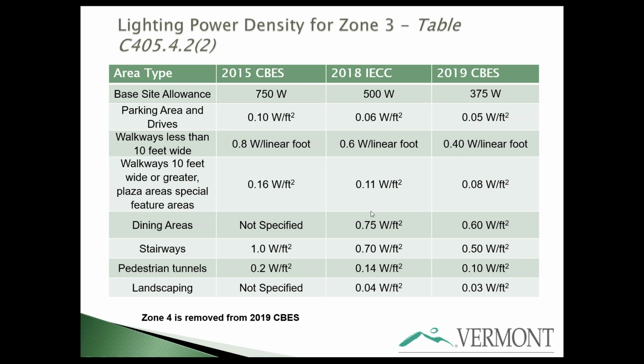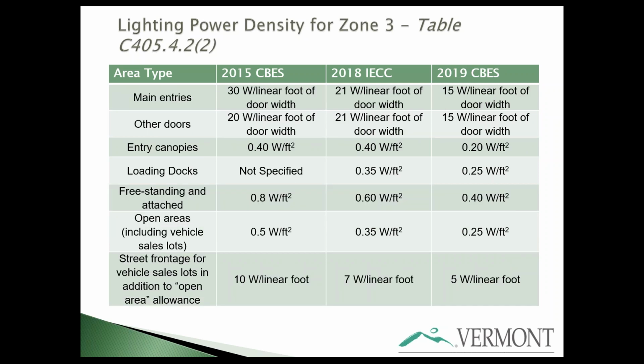I will also note there are a couple new areas on this table that weren't specified in 2015 CBES. Exterior dining areas and landscaping areas now have their own requirements. And here are some more exterior spaces. Again, this is Zone 3.